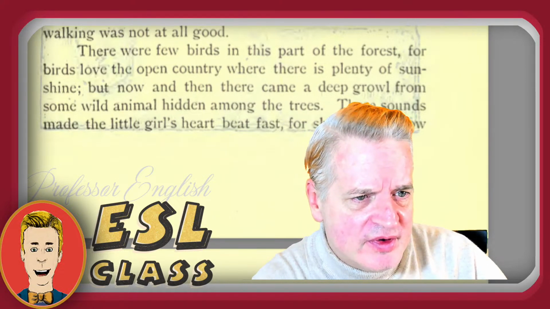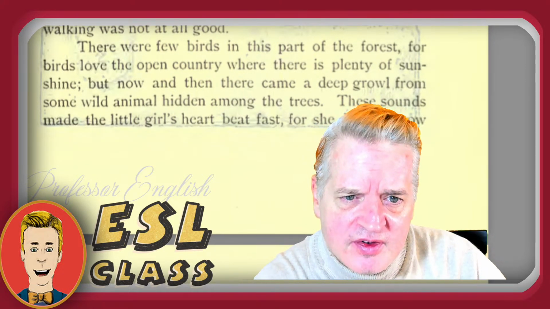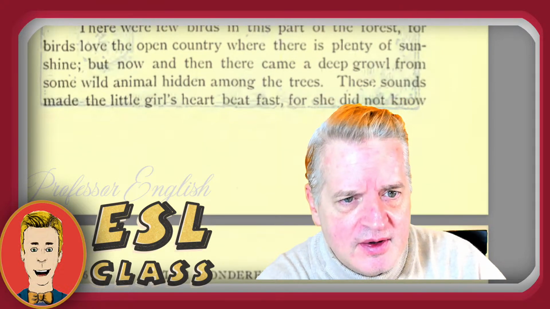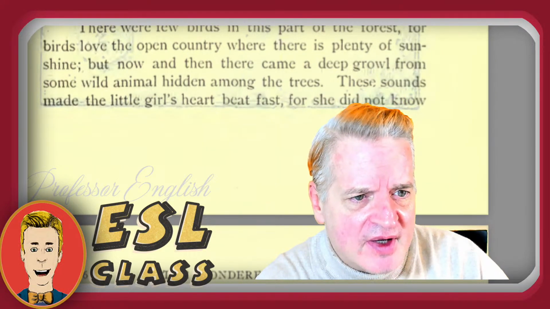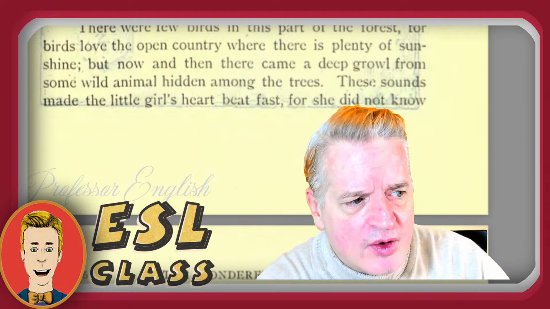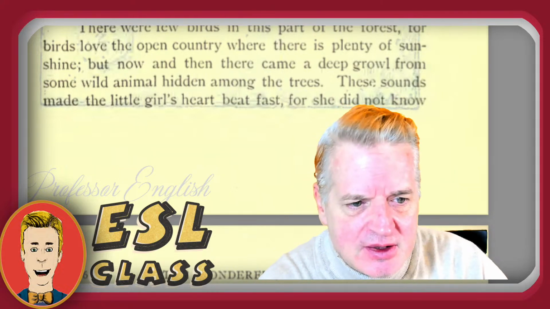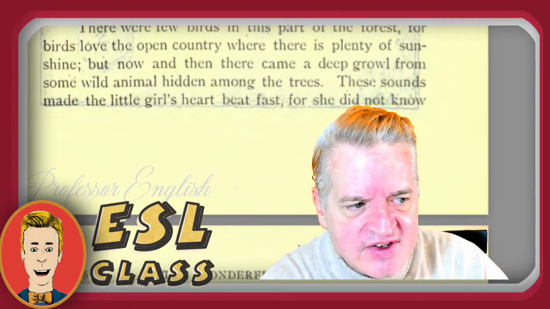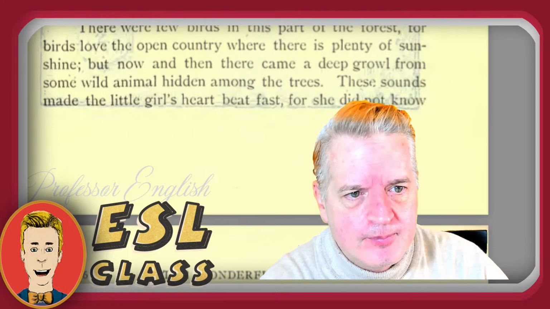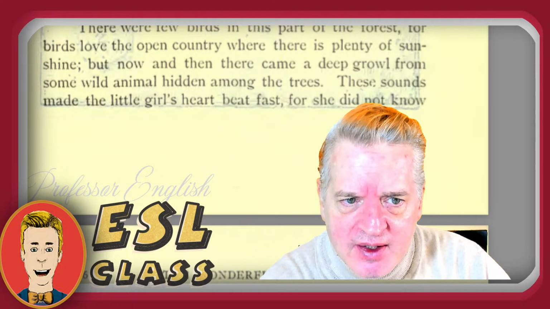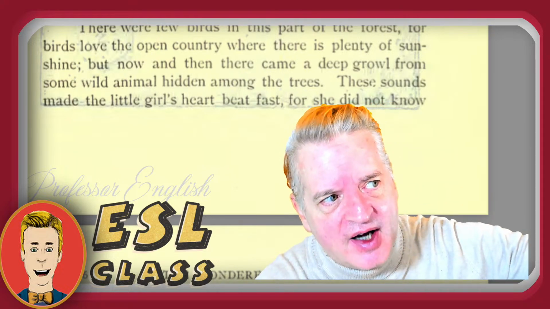There were few birds in this part of the forest, for birds love the open country where there is plenty of sunshine. But now and then there came a deep growl. A growl is the sound of an angry animal. Like a dog. A dog growls. Now and then means sometimes.